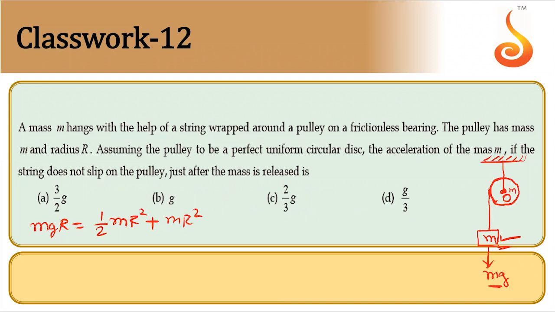Why mr square? This distance is r only, right? Its weight is acting this way, so this mass is located at a distance r from the axis of rotation. So it should be mr square into alpha.